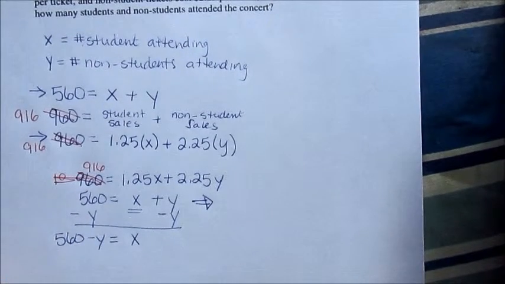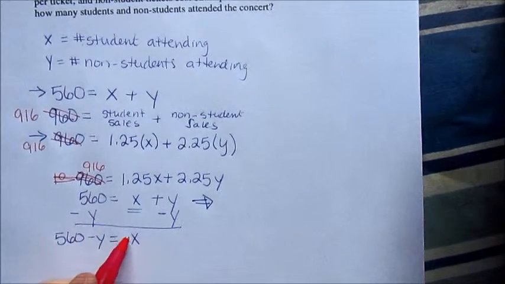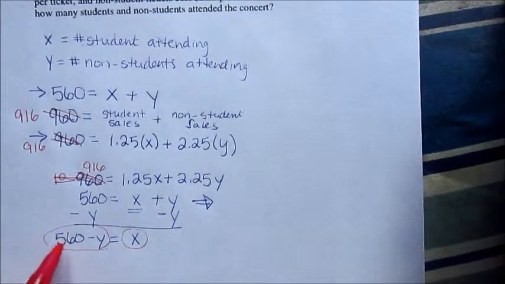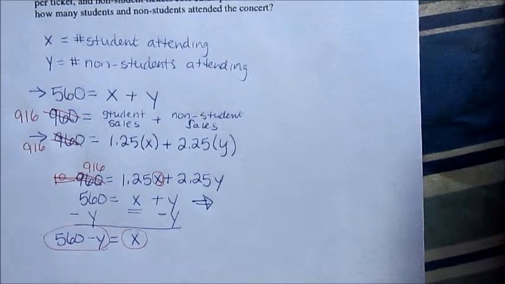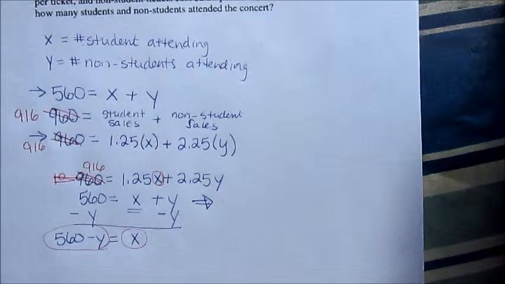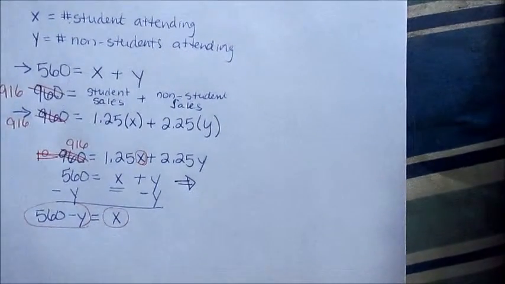Can't do much more with that. These are my two equations. In this equation, instead of using x, I'm going to use this expression, 560 minus y. When I do that, I will get one equation with one unknown.